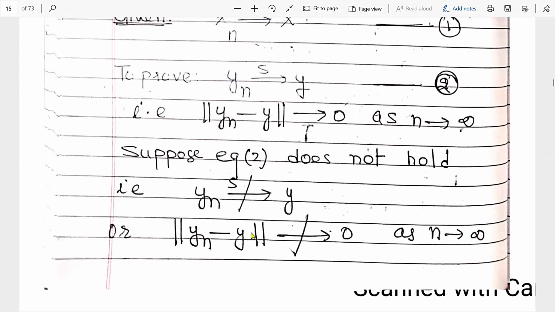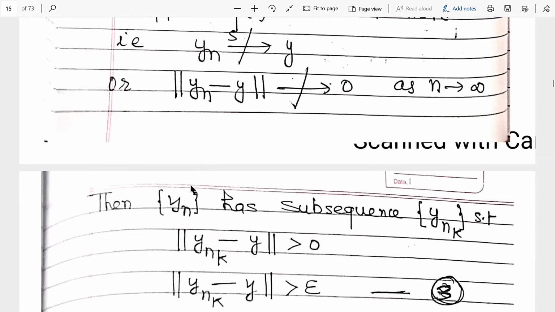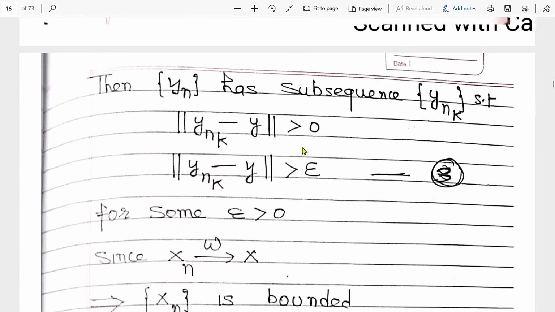If it does not hold, then the norm of yn minus y does not approach 0 as n approaches infinity. It means yn has a subsequence ynk which satisfies that the norm is greater than epsilon for some epsilon greater than 0.